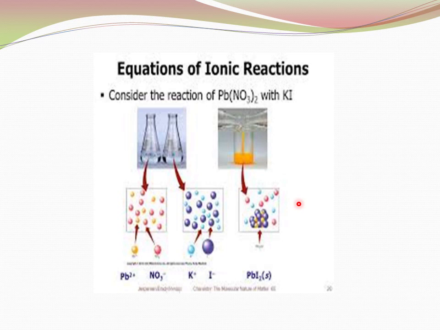Spectator ions are ions that stay in the solution as free ions, ions that are not involved in producing the precipitate. So you will observe a solid substance, a yellow precipitate, which is lead iodide.